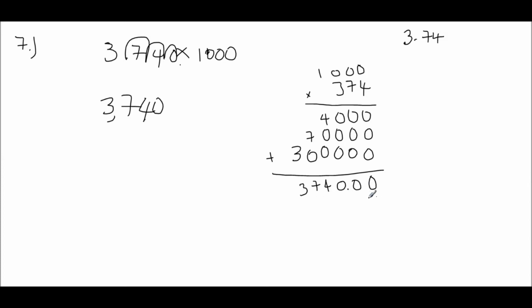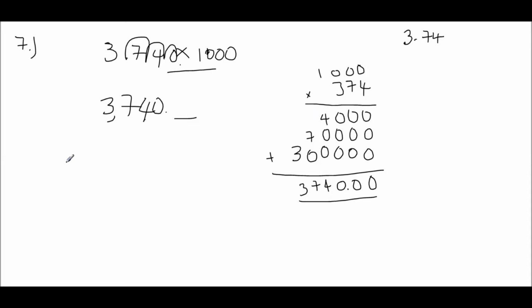So now if we notice 3740.00 is the same as this one, because our decimal places here are not being shown, but if they're not being shown, it would just be zeros, right? So our answer is still either way 3,740. Okay, so it's much easier to do it this way by just moving the decimal point 3 places, right, than it is to actually work this out like this.